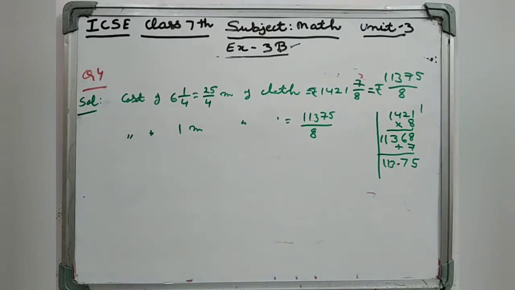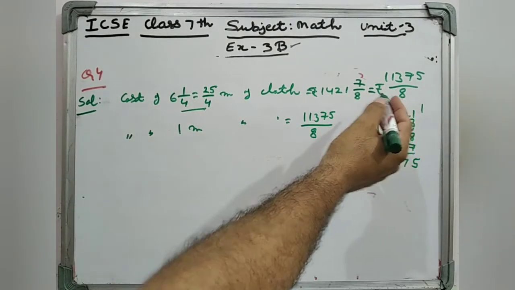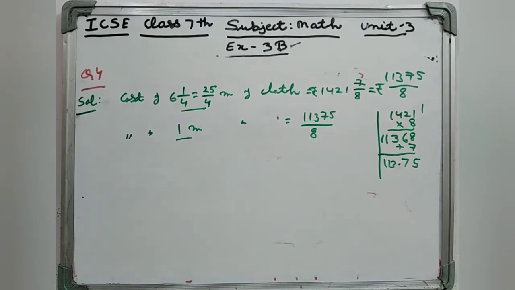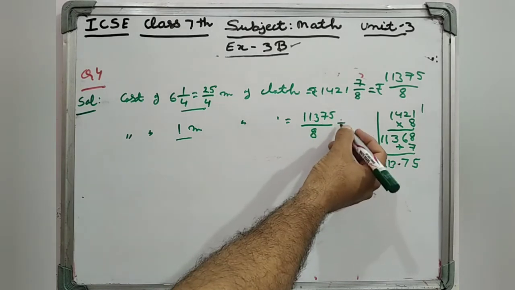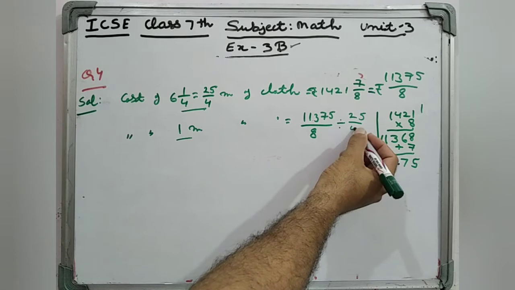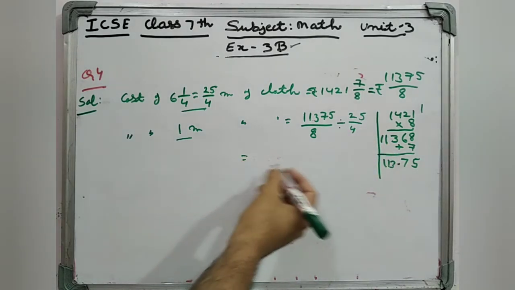Now students, more cloth more cost, less cloth less cost. For less we do division, 25 by 4. For more we do multiplication, for less we do division.